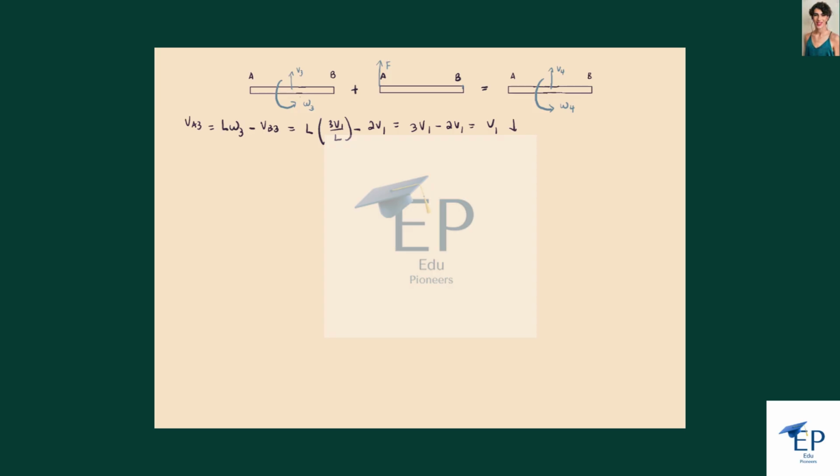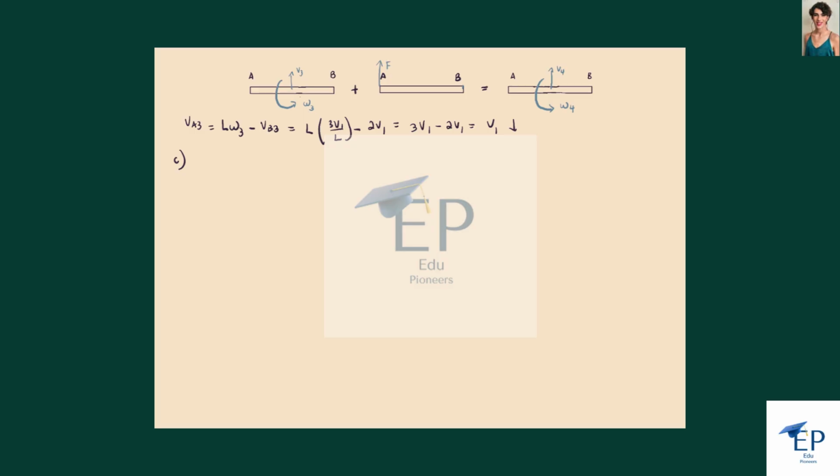So, for letter C, we'll focus on the second impact at point A. I have here, again, a sketch of that particular part of the problem. The rod, which is now rotating at angular velocity omega 3 and whose mass center is now moving at V3, strikes point A again with a velocity VA3.